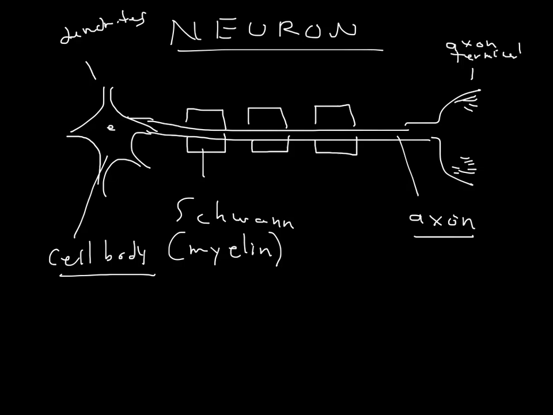Recall that these terminals secrete chemicals called neurotransmitters. Let's put an NT, which communicate with whatever's on the other side, which could be another neuron or an effector like a muscle. Dendrites, cell body, axon, node of Ranvier.